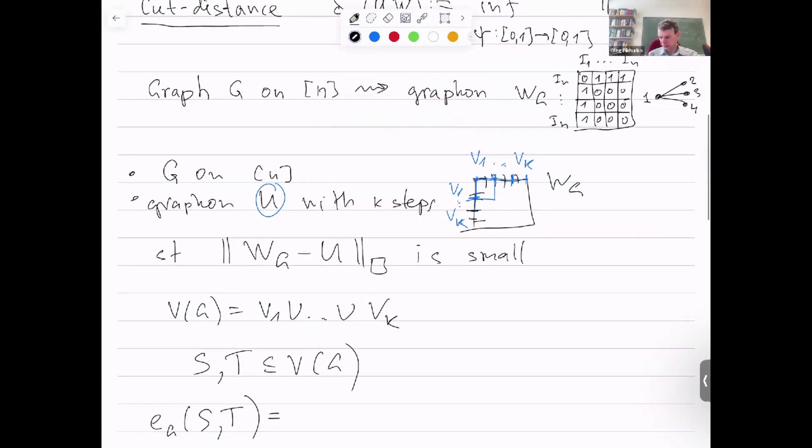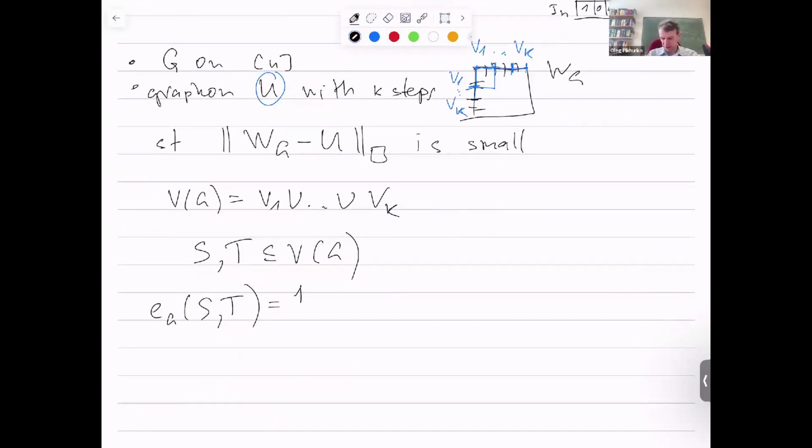If you look at my graphon W of G, I take set S, I take set T, and the number of edges is just how many ones I see in this region, and each one is a square whose side length is 1 over n. If I normalize the number of edges by 1 over n squared, then this will be exactly the integral over S times T of W of G.